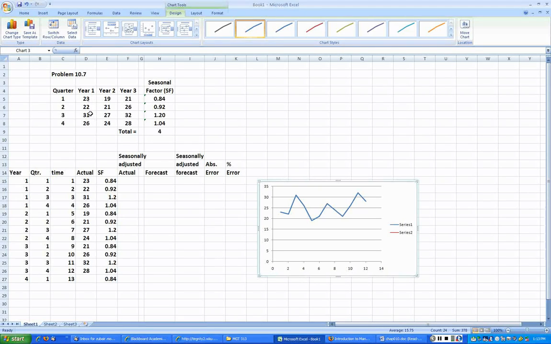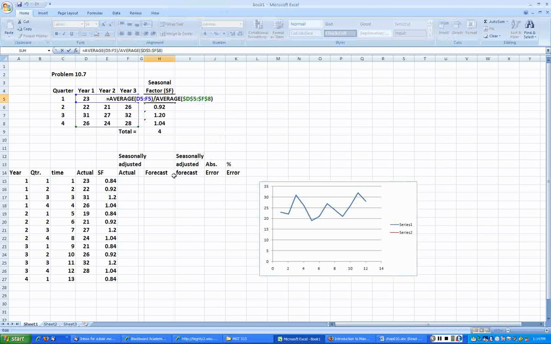So for quarter 1, the way that we compute the seasonal factors is we take the average of 23, 19, and 21 and divide that by the overall average of the data that we have. What is our average quarterly sales for the last 3 years? That is the formula here.